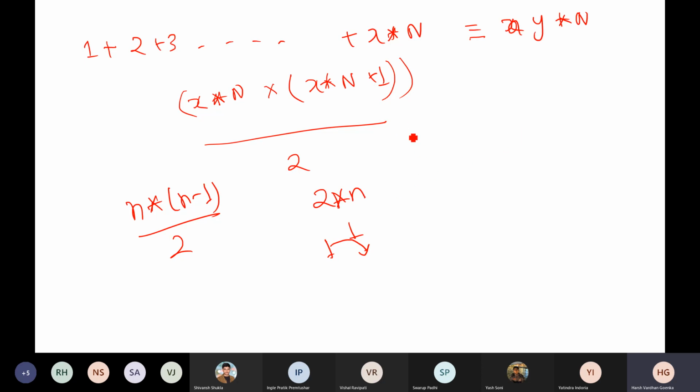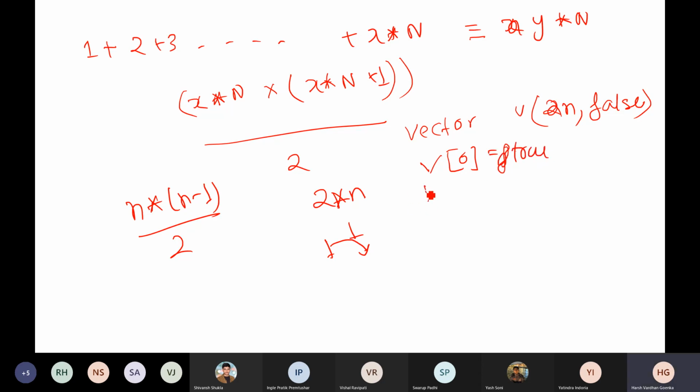So how will we do that? We declare a vector of size n and mark all as false. In the first move, I have visited the first cell, so v of 0 equals true.